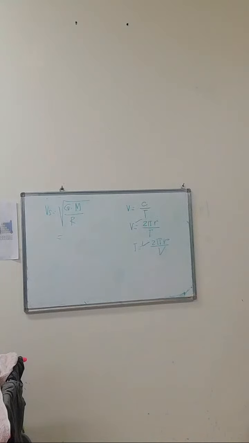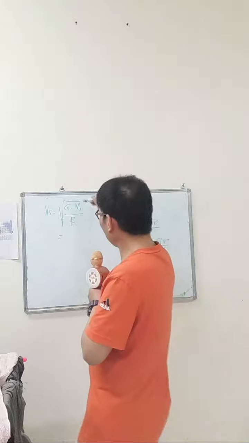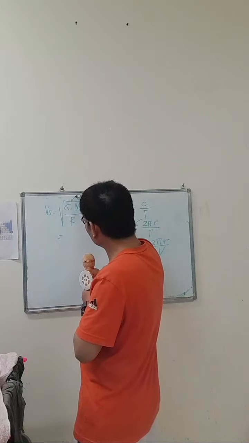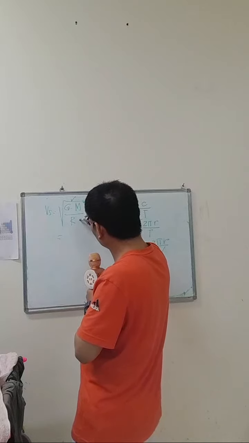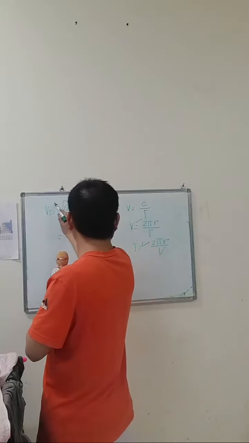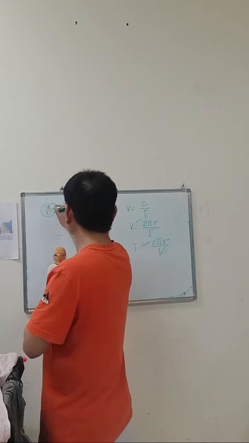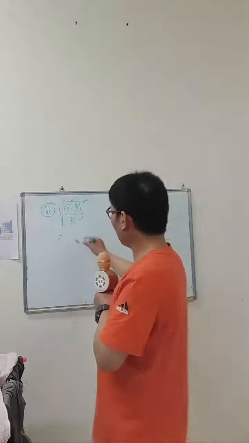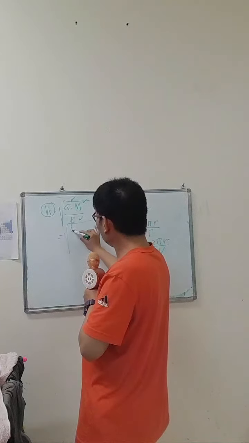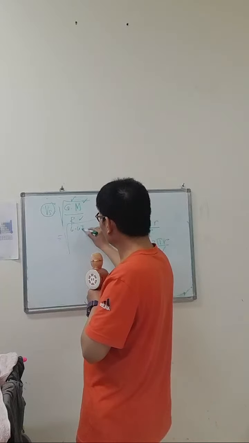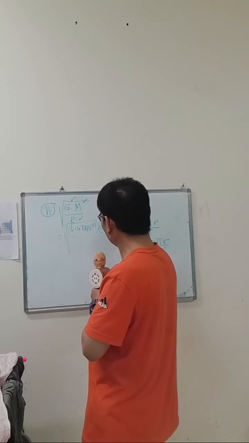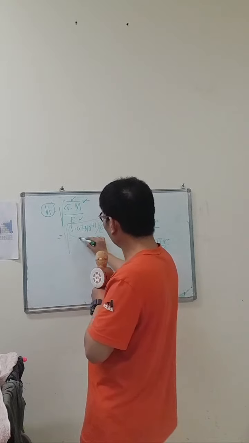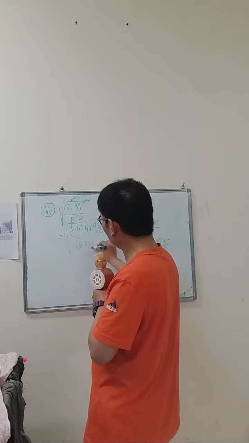So if that is the case, we have the G here, and this is the mass of the Earth, and this is the radius of the Earth. So we can solve for the velocity of the satellite directly. Square root of 6.67 times 10 to the negative 11, times the mass of the Earth, 5.97 times 10 to the 24, divided by the radius of the Earth, 6.38 times 10 to the 6 meter.